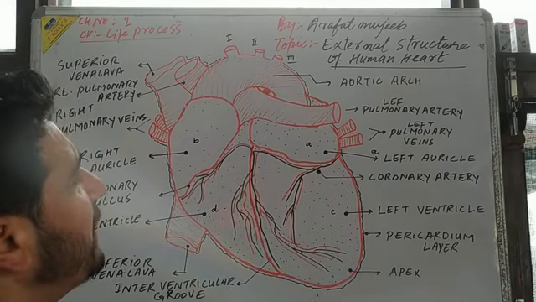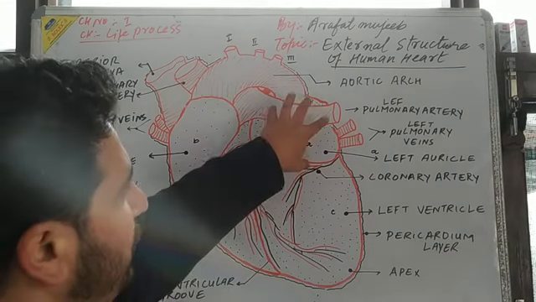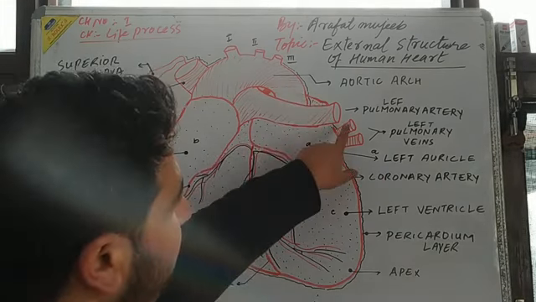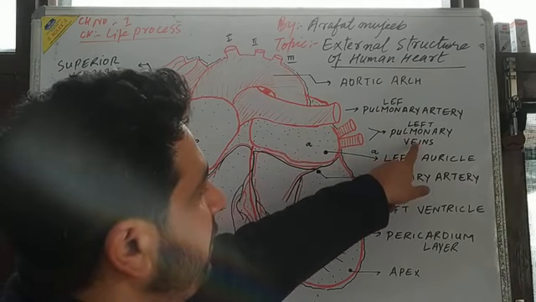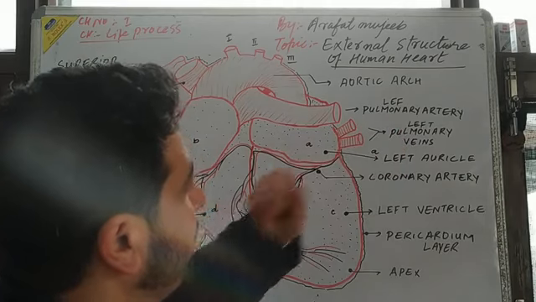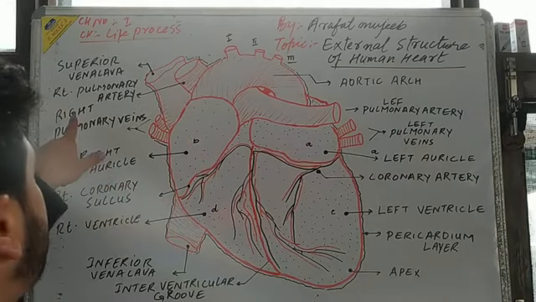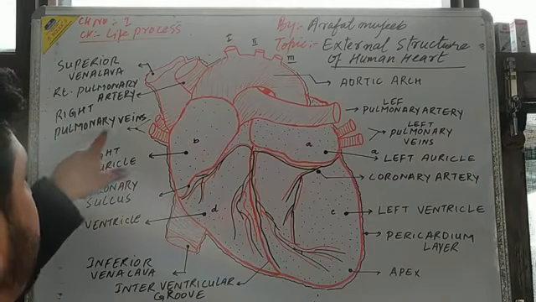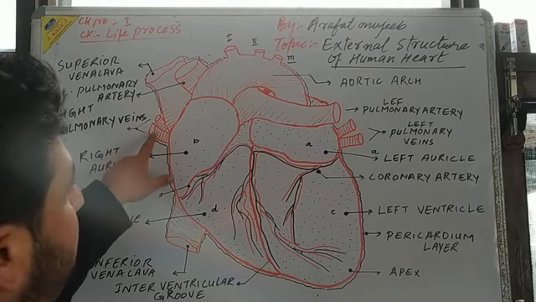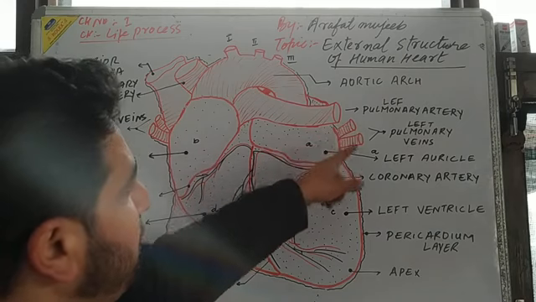Look here, the left auricle receives the left pulmonary veins. Yes, very good. It receives the left pulmonary veins. And again here there is a pair of right pulmonary veins. Here the right pulmonary veins, and the left pulmonary veins.